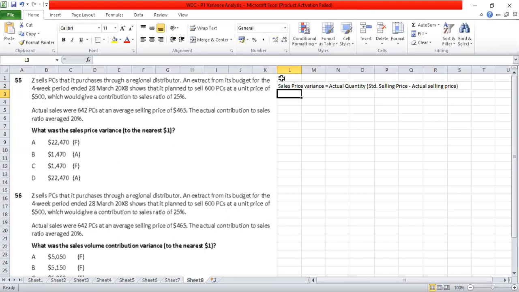All three variables are known to us. That is, actual quantity is 642 pieces, standard selling price is 500, but they sold it at 465. So is it a favorable or an adverse? On the budget, it is more.